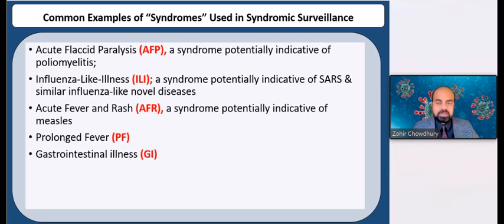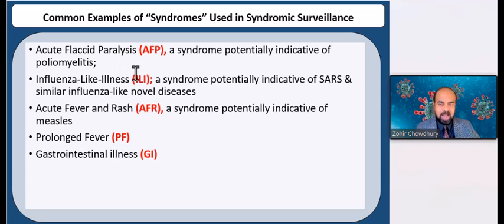Some of the syndromes that are monitored within a syndromic surveillance system can be grouped as follows. Acute flaccid paralysis, also known as AFP, a syndrome potentially indicative of poliomyelitis, so polio.